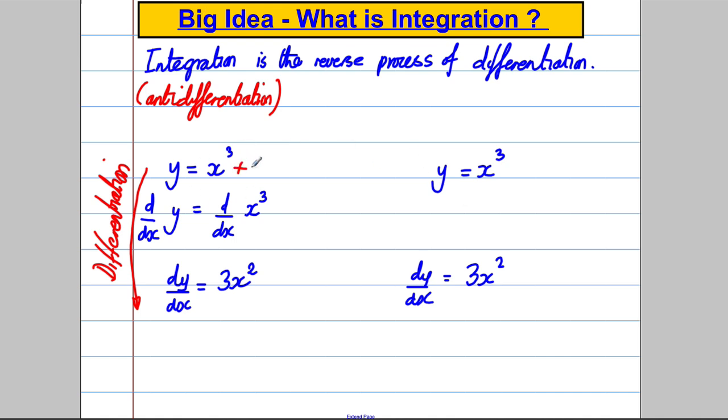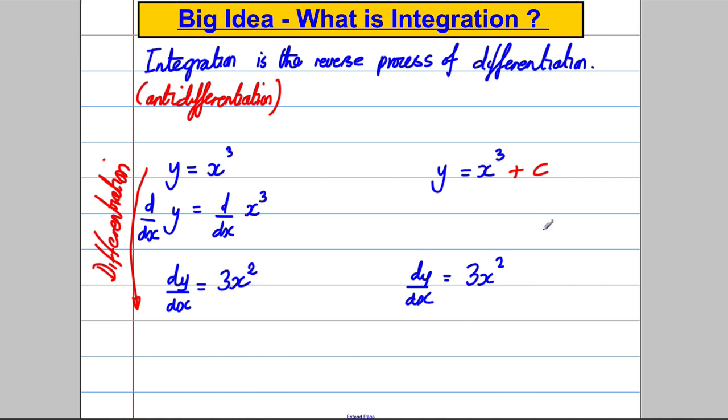Say if it had a 2 here, this would have still differentiated to this because a constant differentiates to 0. Or if it had a, I don't know, a negative 8 here, the answer would have still been the same. So when we integrate, we actually get a constant of integration as well, plus c, I'm going to call it.